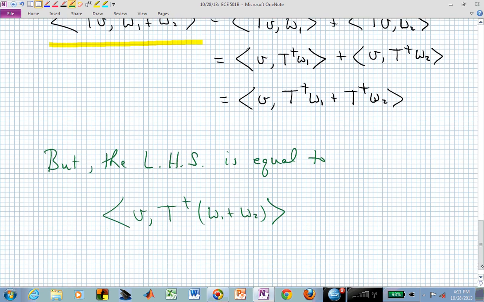And now if we simply compare the second slot in those two derivations, we can see that, oh, this is now really a linear operator. This is saying T dagger applied to W1 plus W2 is T dagger W1 plus T dagger W2.